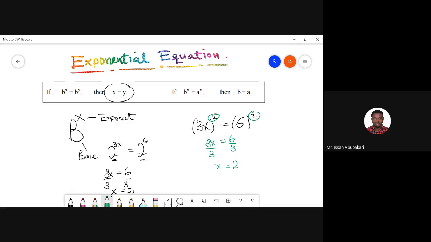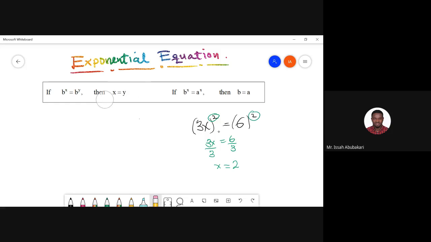Now let's try to solve the first question. Since the rules are okay with us, let's start with number 1: 3^(x+2) = 3^5.